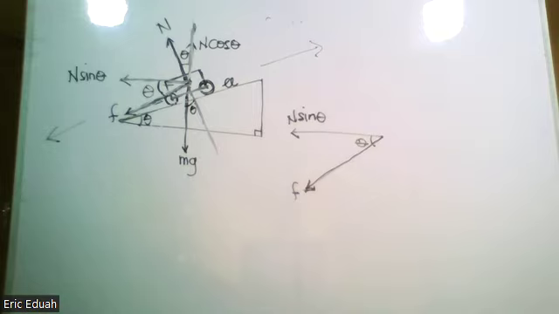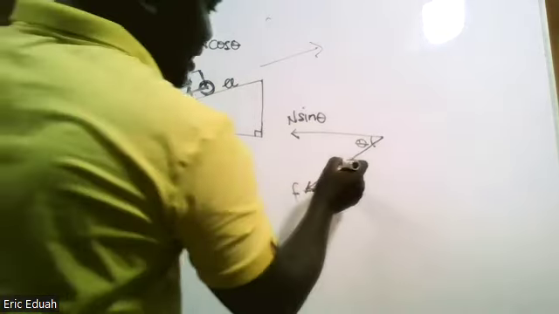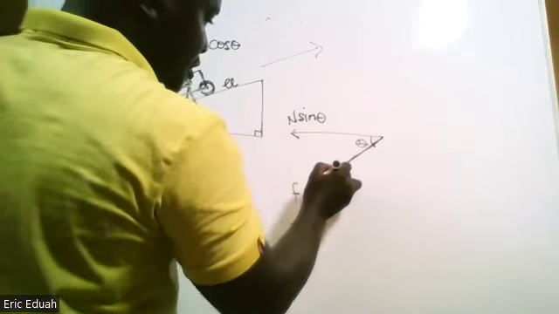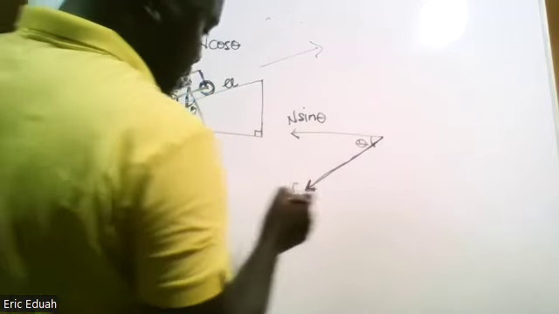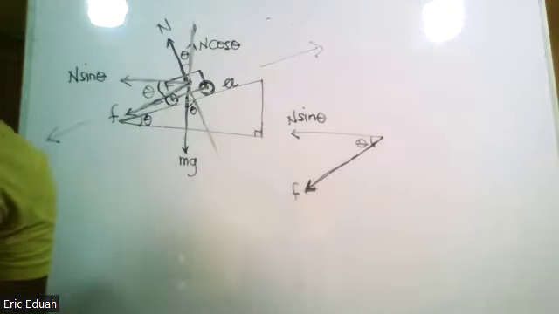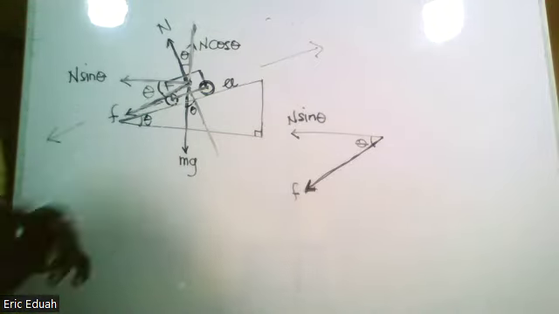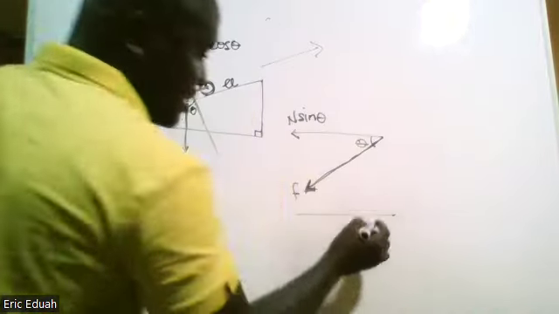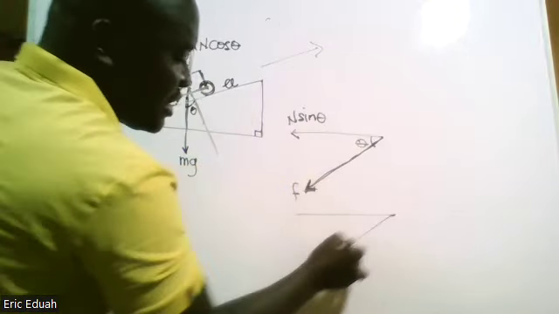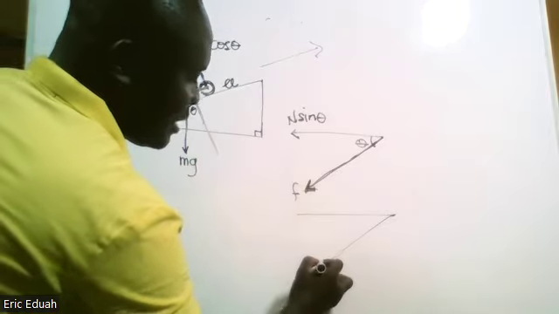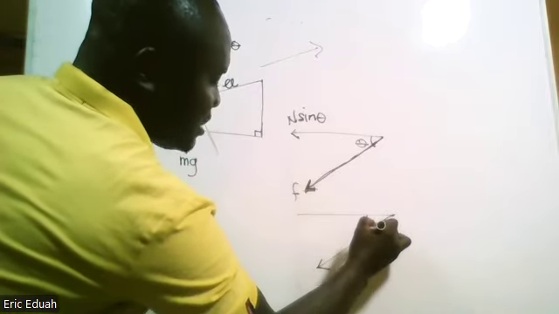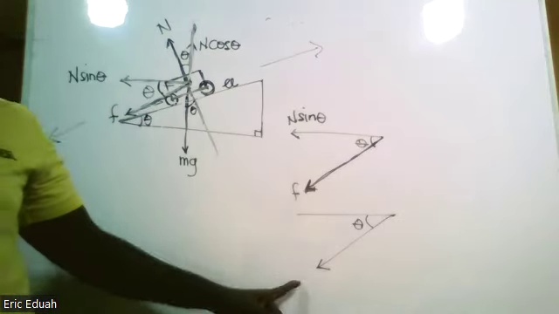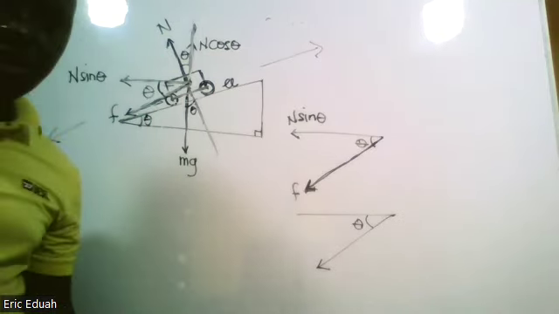Help me determine the horizontal component of F. We have a reference. This force F is tilted at an angle like this by an angle theta. Once it is tilted, we can resolve this into vertical and horizontal components.